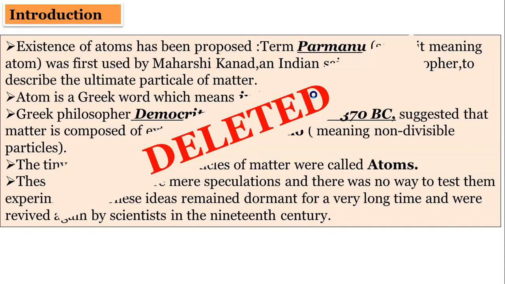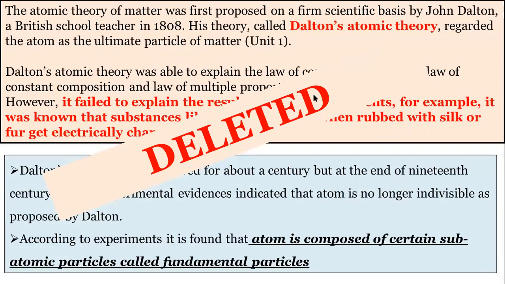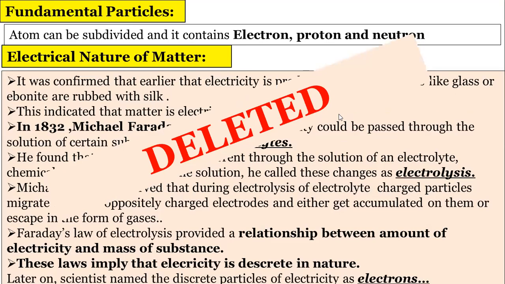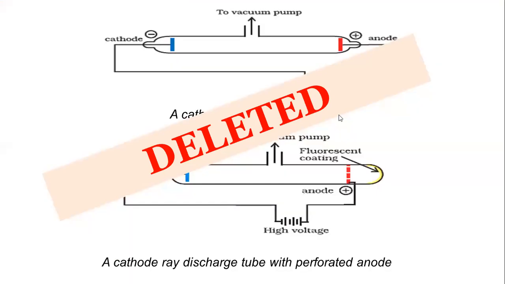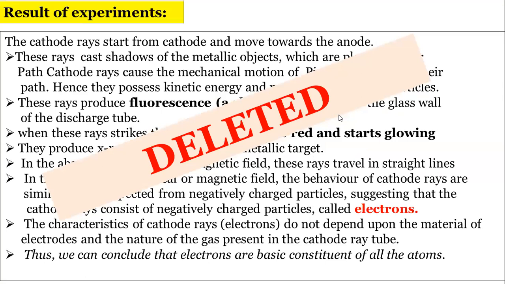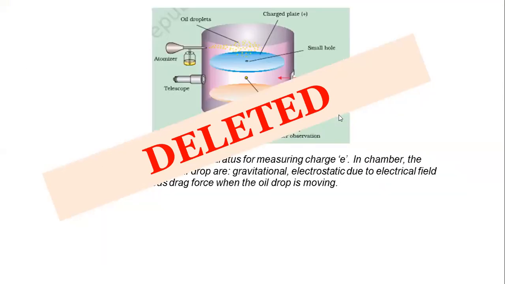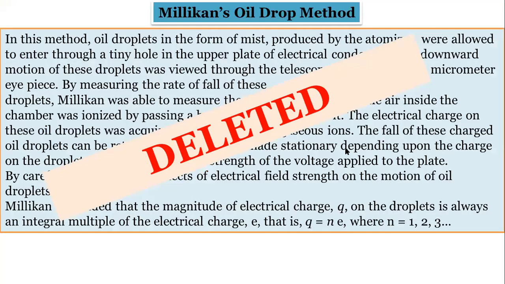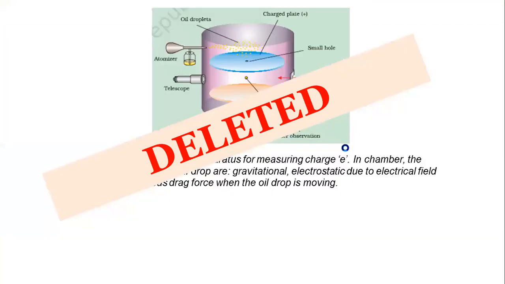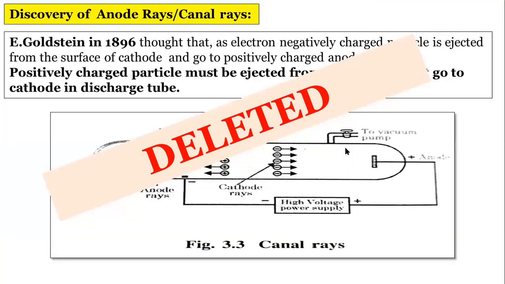This complete introduction, what is meant by discovery of protons, discovery of neutrons, all this is the deleted part. Some extra slides are given which are important for CET purposes, because this chapter is included for the CET.